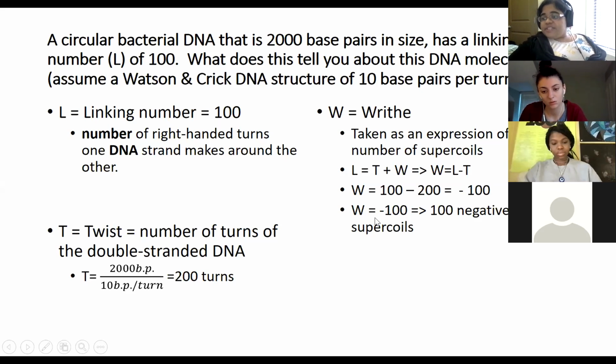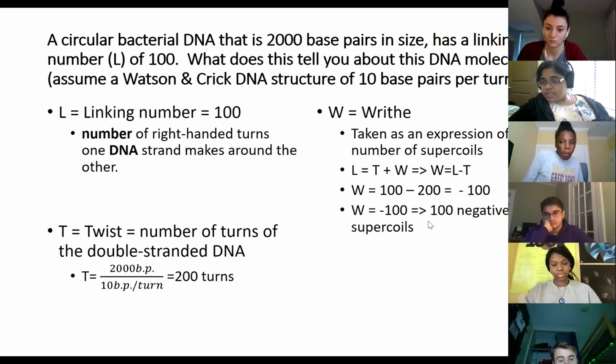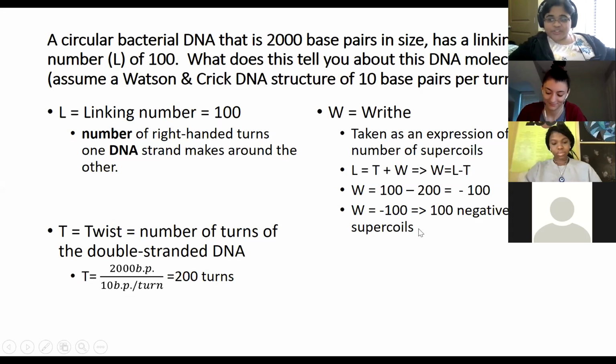A writhe of negative 100 means that you have 100 negative supercoils. If this was positive, it would be 100 positive supercoils. Does that make sense? Yes? Okay. Sorry, I can't see all of you together.